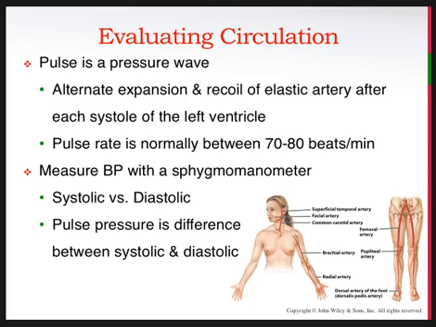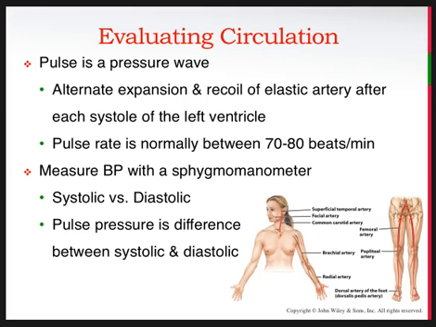Bradycardia is defined as less than 60 beats per minute. When we talk about systolic blood pressure, we're talking about ventricular contraction. When we're talking about diastolic blood pressure, we're talking about ventricular relaxation.